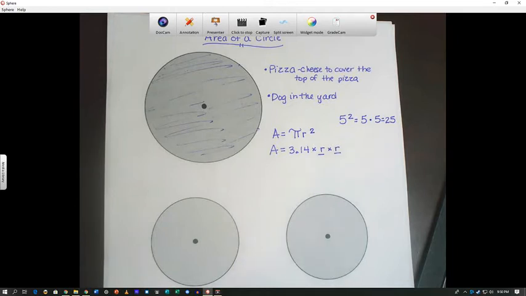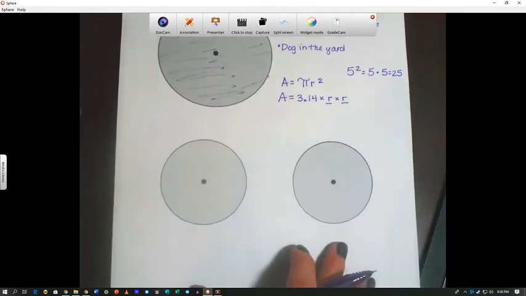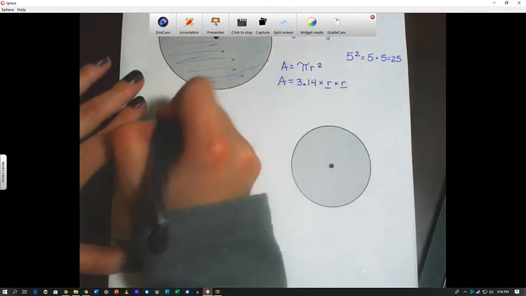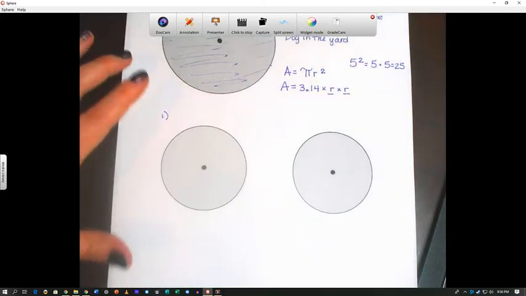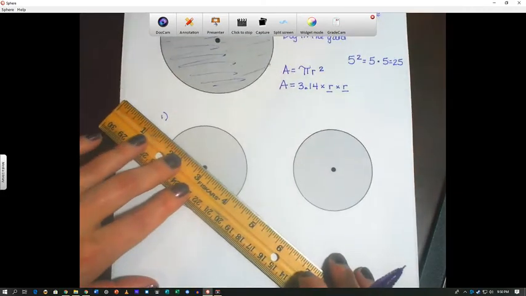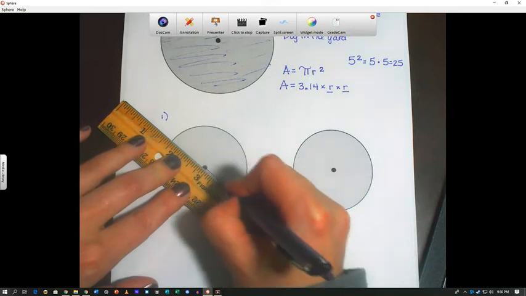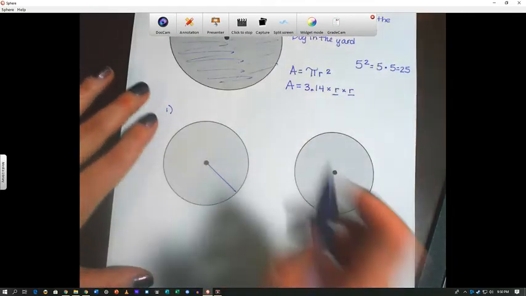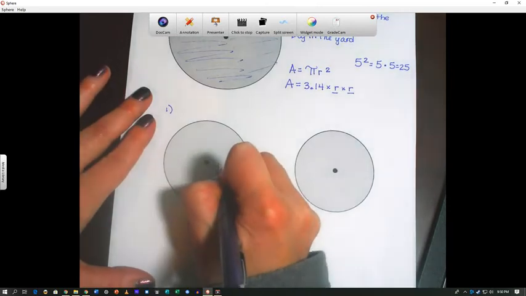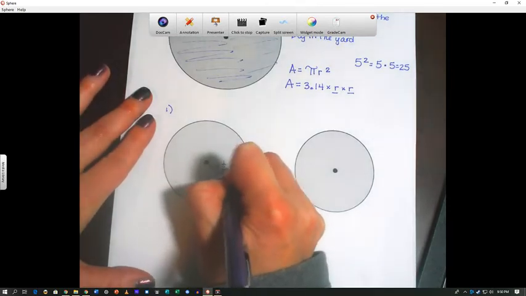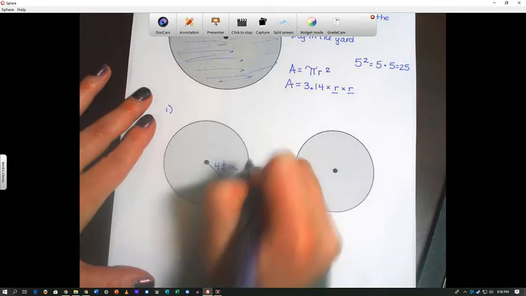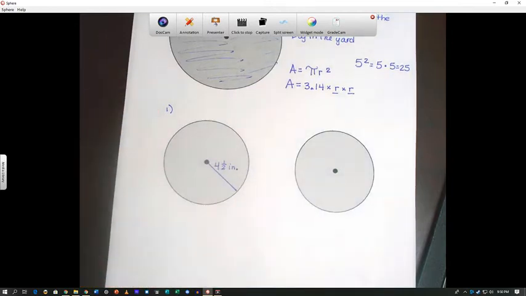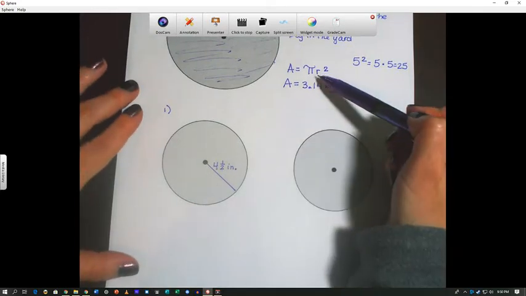And so let's look at an example. Let's say that our radius is 4.5 inches. So we are given the radius, and the radius is part of that formula.